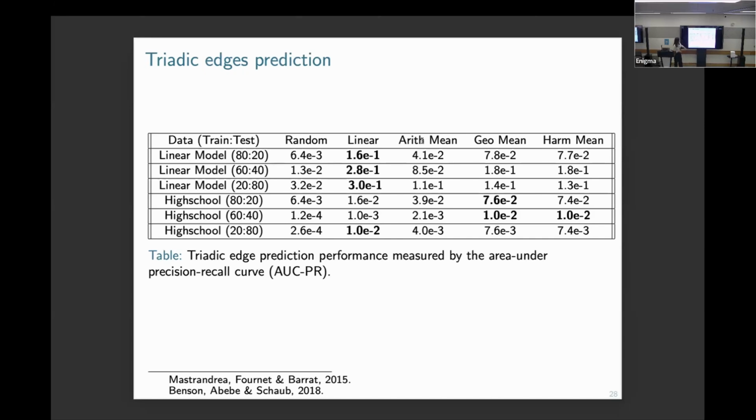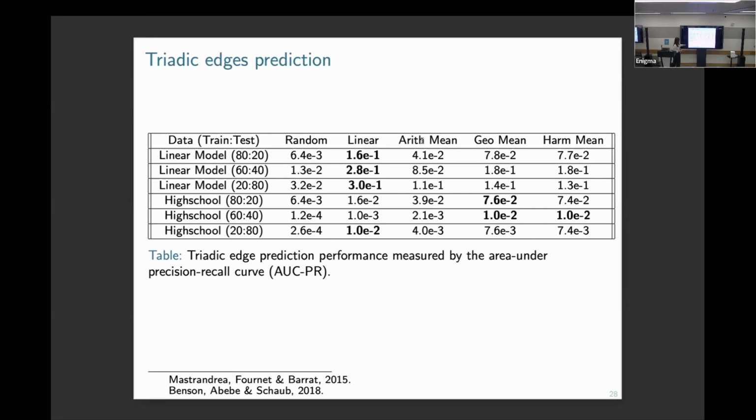Our prediction is model based. We use the model to compute the likelihood based on the distance between the embeddings and then assign the likelihood to each possible hyperedge. All the numbers here are computed using the area under the precision and recall curve, AUC PR.